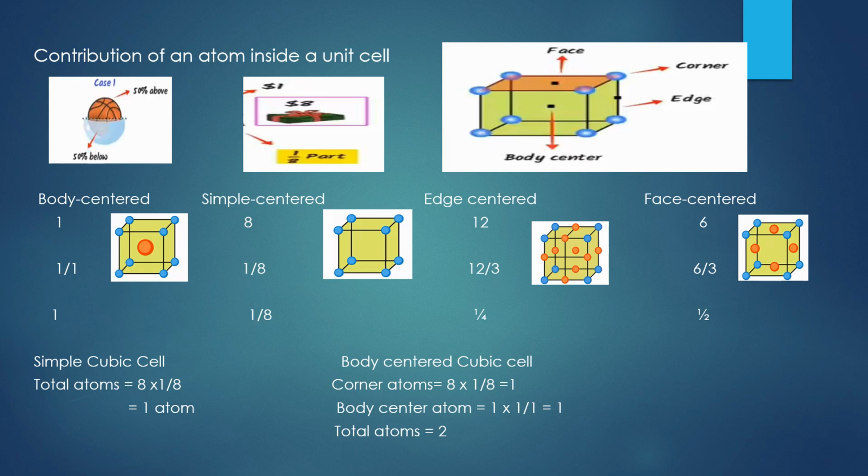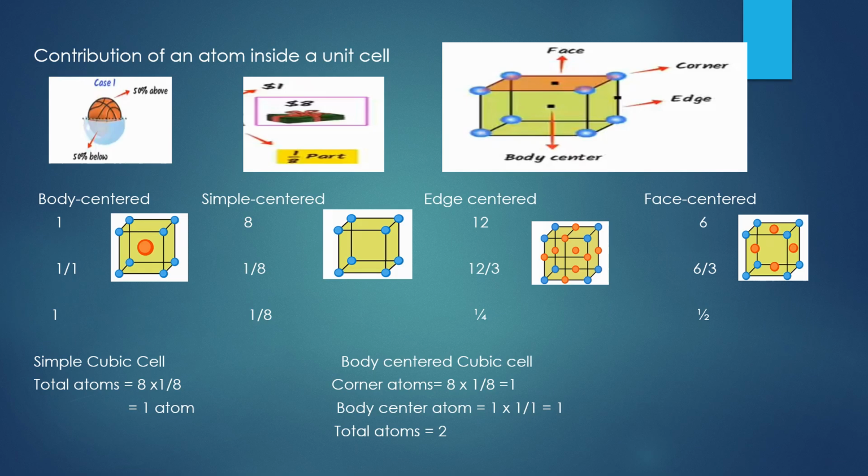In a simple cubic cell, the number of atoms present are 8 atoms in corners and the contribution is 1 by 8, which equals 1. The number of atoms present in a simple cubic cell is 1. In a body-centered cubic cell, there are 8 atoms present in corners and the contribution is 1 by 8. Therefore, the number of atoms present in corners is 1.